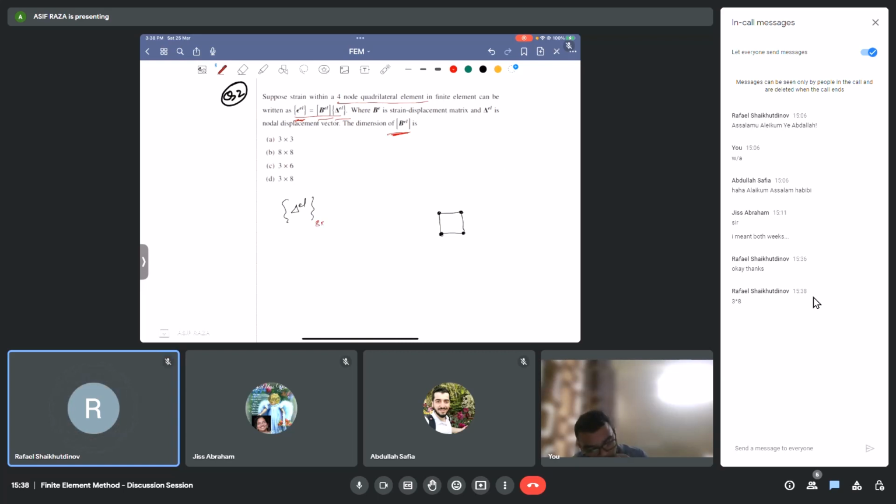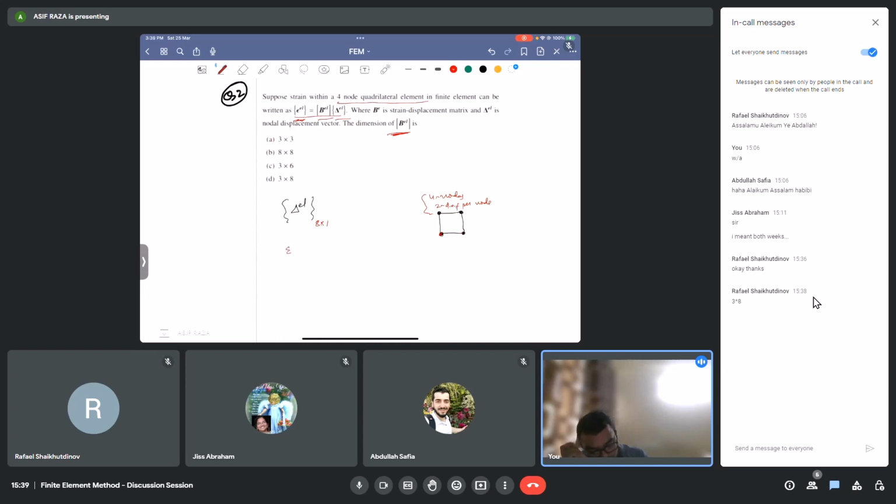Yes, this will be 8 by 1 because four nodes, and each node has 2 degrees of freedom. So total 8. So the dimension of the nodal displacement vector would be 8 by 1.